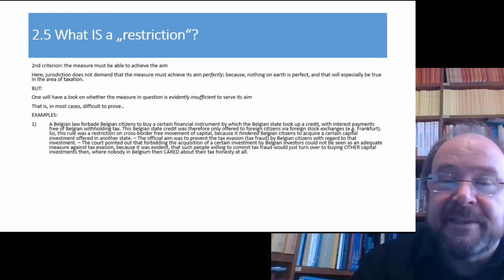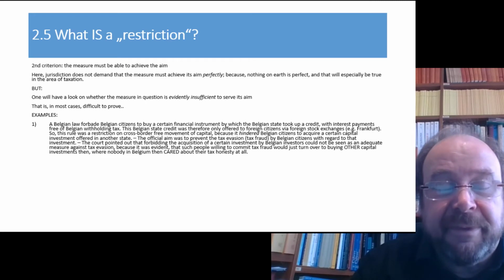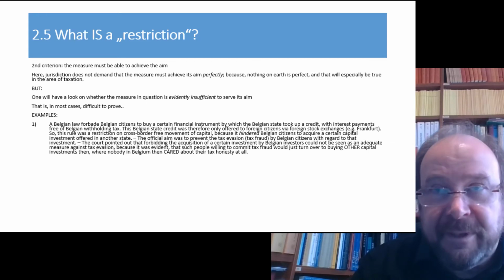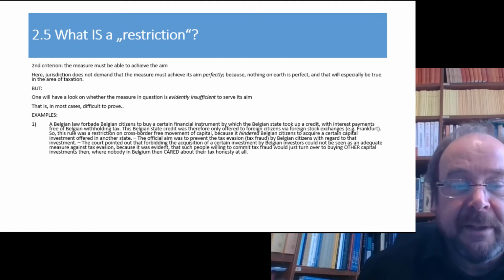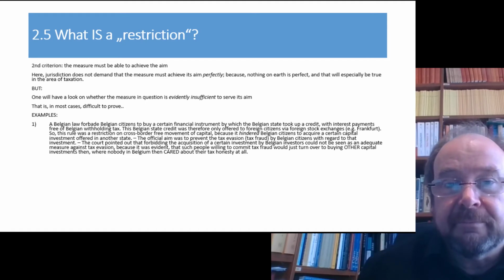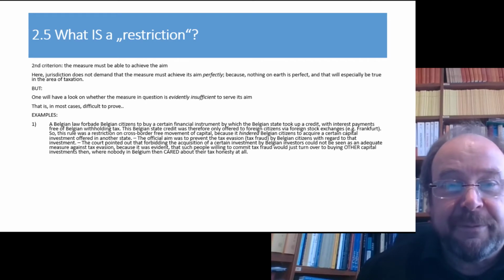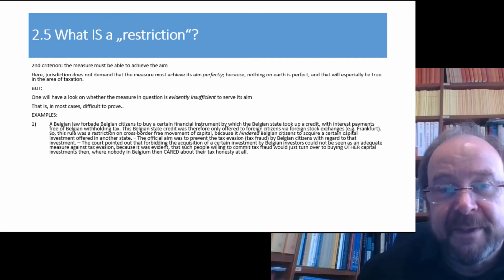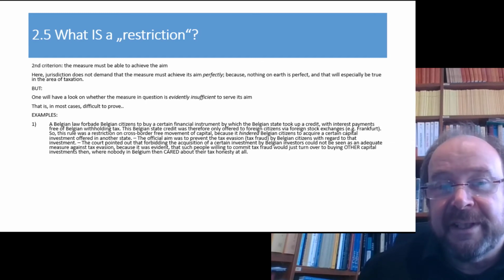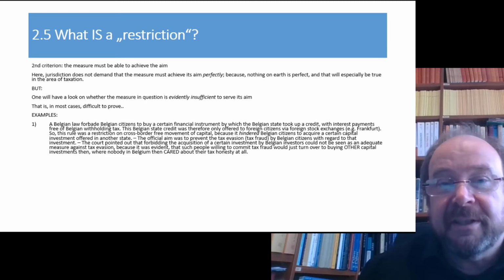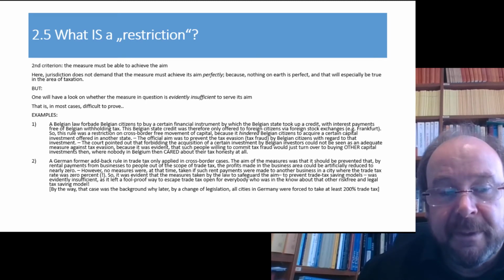So it doesn't deserve any protection. It loses in the conflict against the freedom of movement, free movement of capital, sorry. The loopholes which were left open for Belgian citizens to commit tax fraud in different ways were so enormous that it was really ridiculous to say this measure here prevents tax fraud.